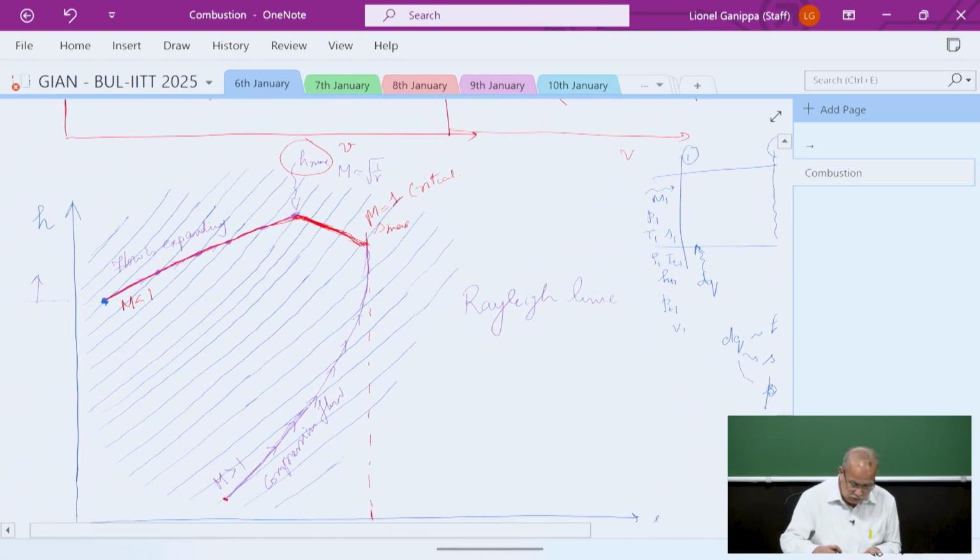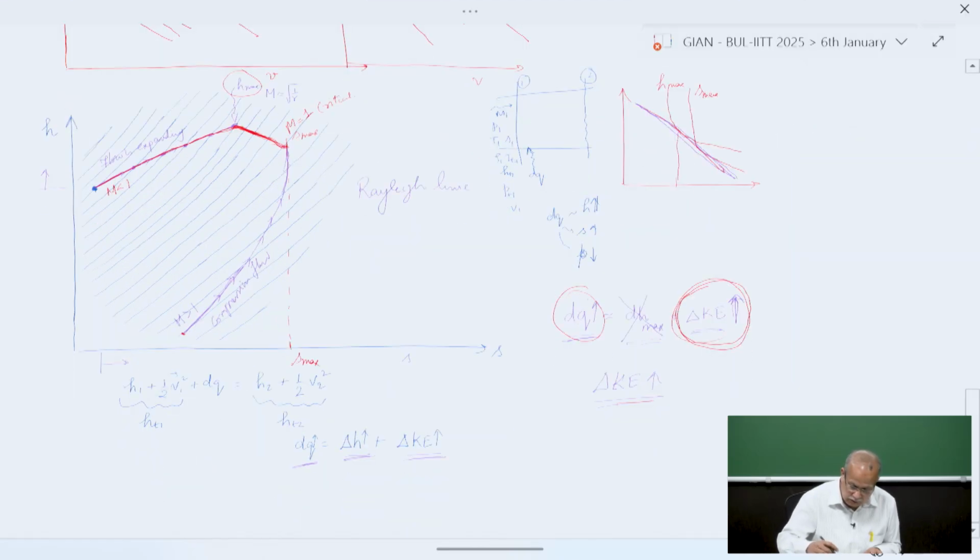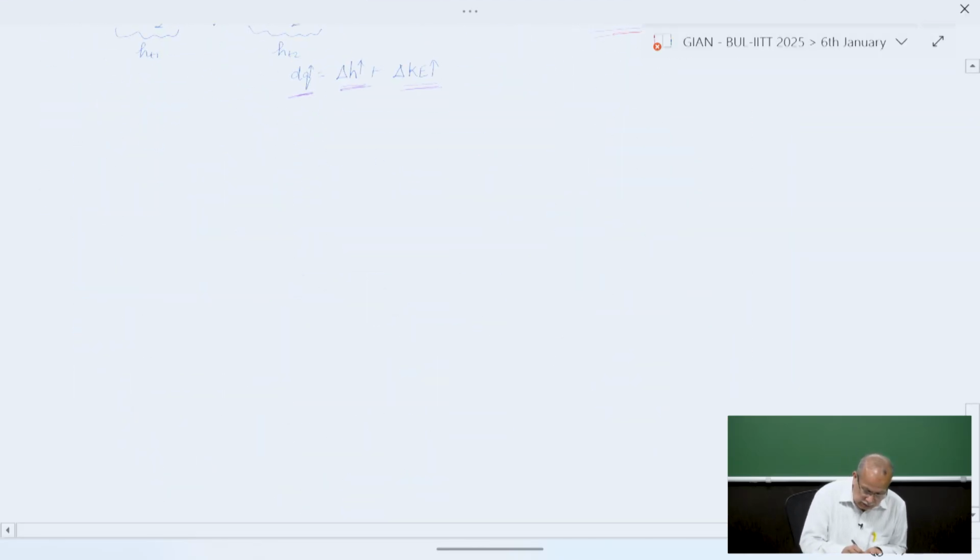So now we are going to make use of this concept to understand what is happening in the ramjet as well as in the scramjet engine. So here is the combustor process.